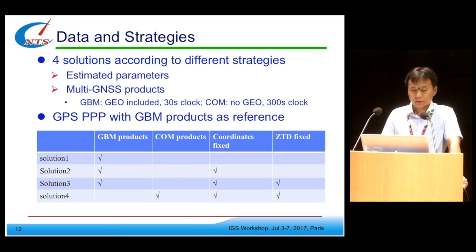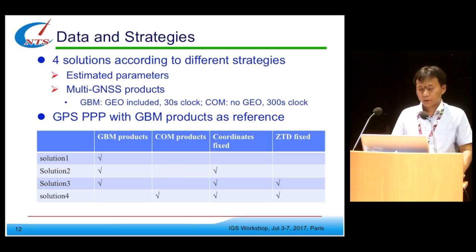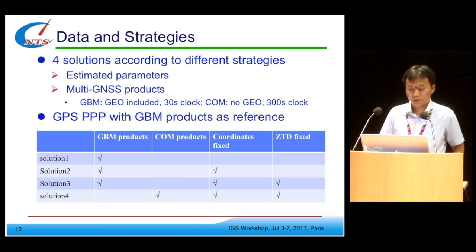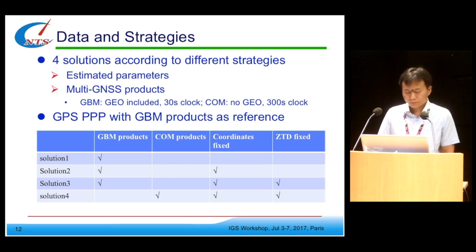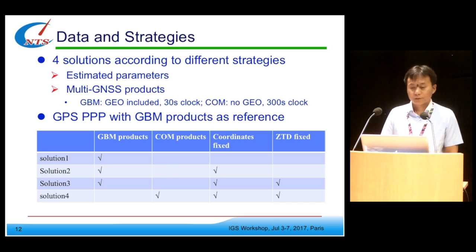Four solutions are designed and carried out according to different strategies. For the estimated parameters, we have options whether to estimate coordinates and troposphere delay together with receiver clocks. If we do not estimate them, we introduce the values from GPS solutions and fix them.